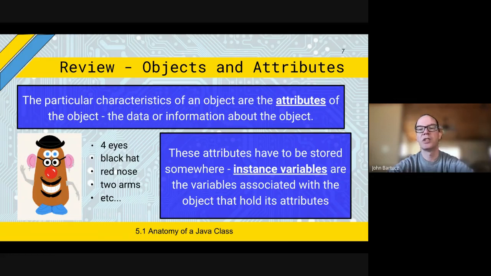So a student name equals Bob. So Bob is an attribute. The name is an attribute of that particular student. So you have to store that inside the class somewhere. And we've seen that before with our objects. You know, we have variables stored inside our objects.